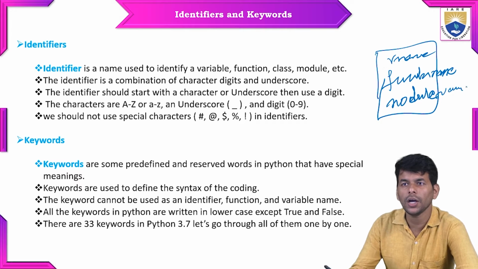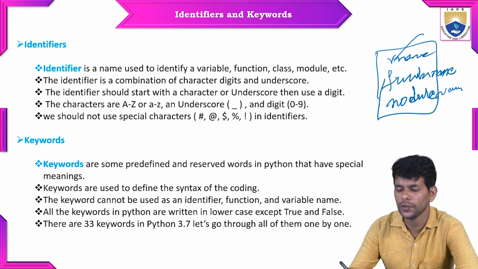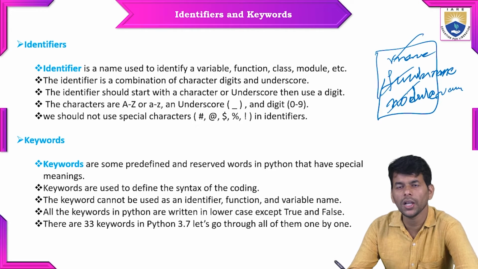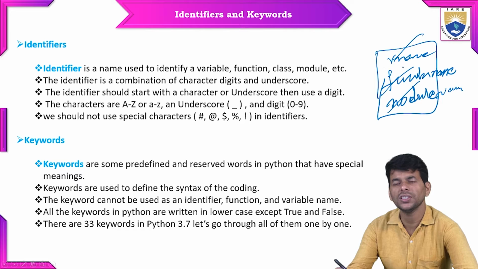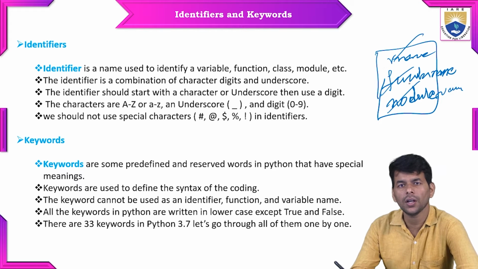For each of these, whatever it may be, if they have names, those names are given by using identifiers. We give a name to them by using identifiers. This is the first step.